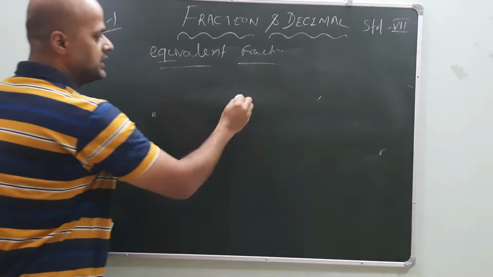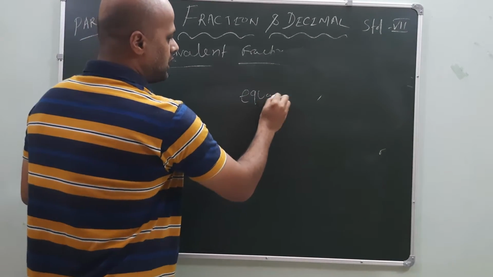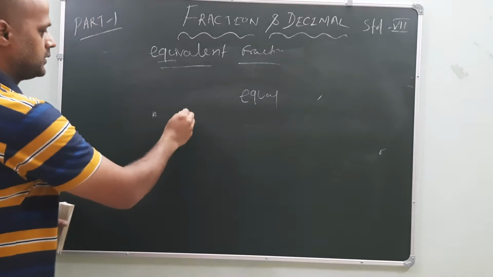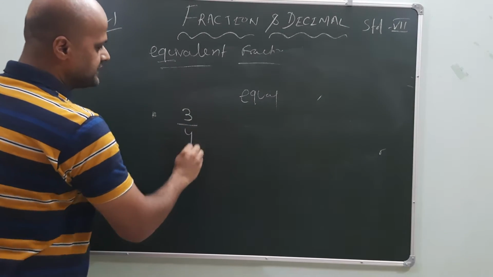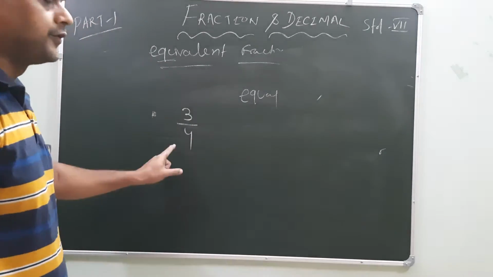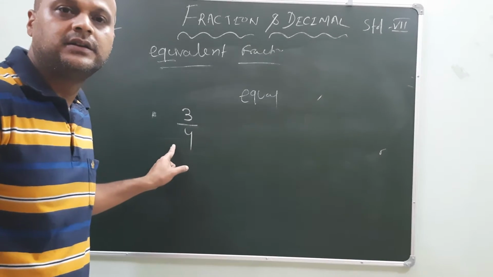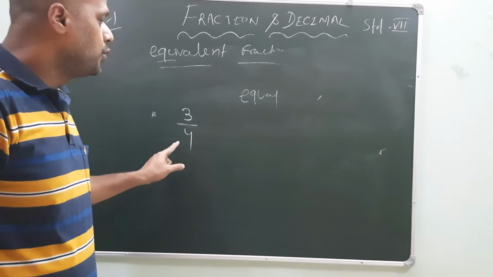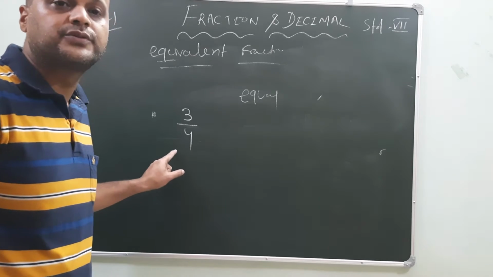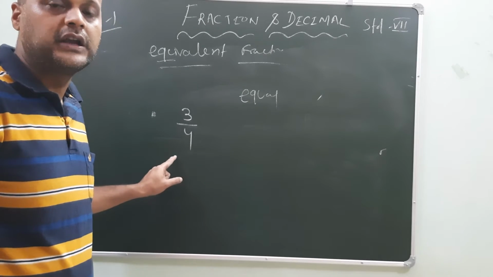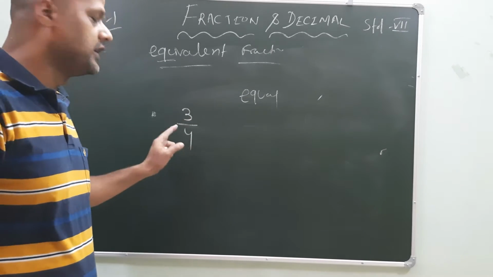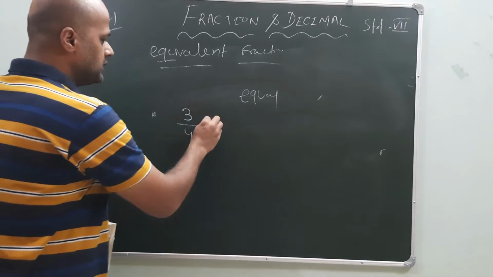Equi means equal. How? Let's see. 3 by 4 is there. I will say that 3 by 4 is which fraction? It is a proper fraction. What is the equivalent fraction of 3 by 4, or equal fraction of 3 by 4? Let us multiply.